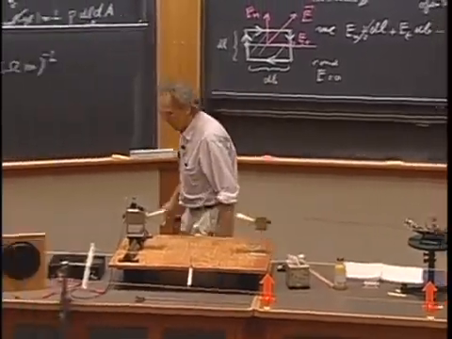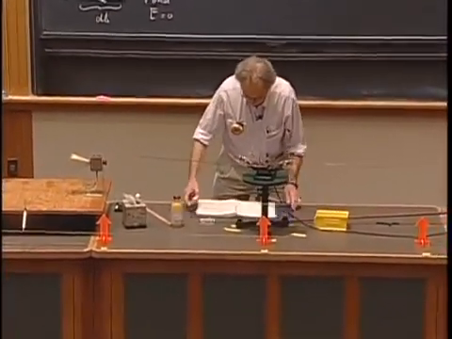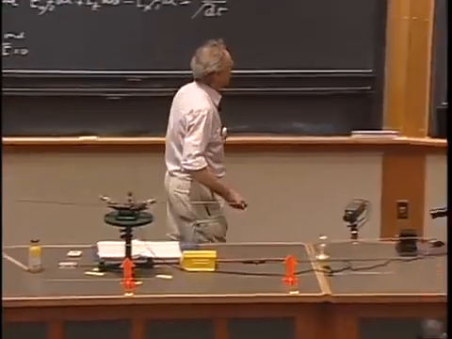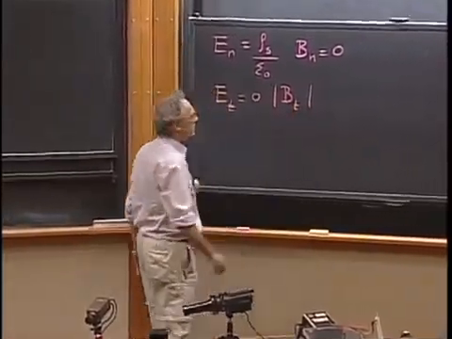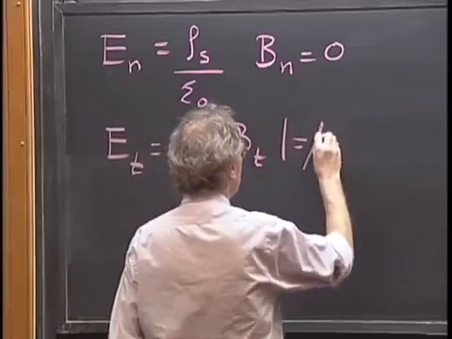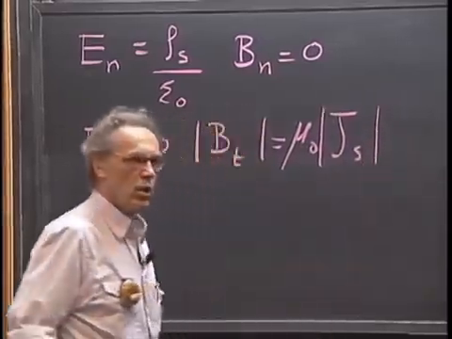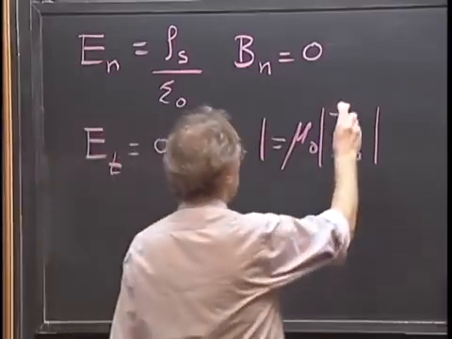And now there is the curl of B, which is your turn. You're going to do a closed loop integral of B dot dl, and you work your way through that. Then you will find that the magnitude of B of t, the tangential component of the magnetic field in the plane of the conductor, is mu0 times what we call the surface current density. J of S is a surface current density, and it has units amperes per meter.